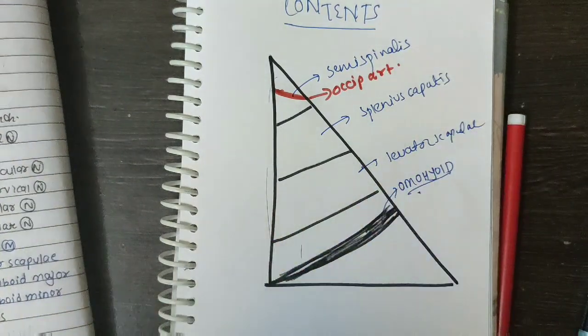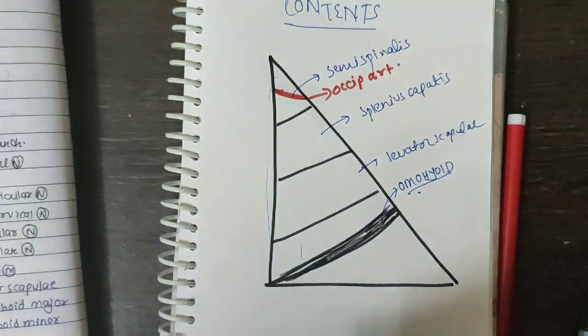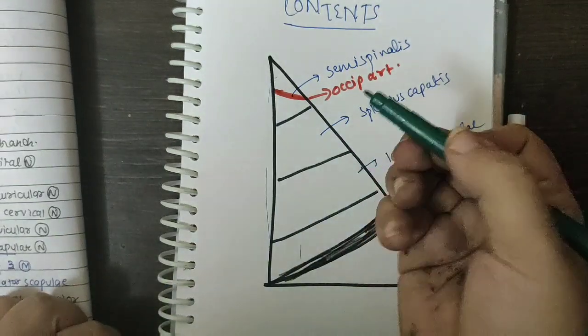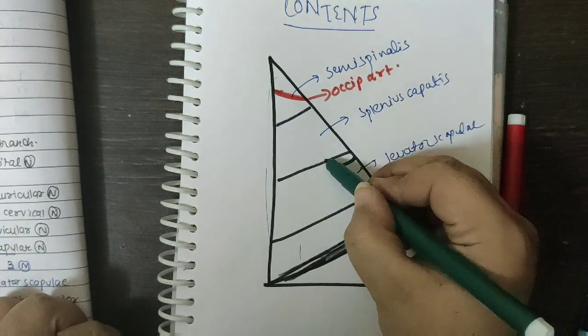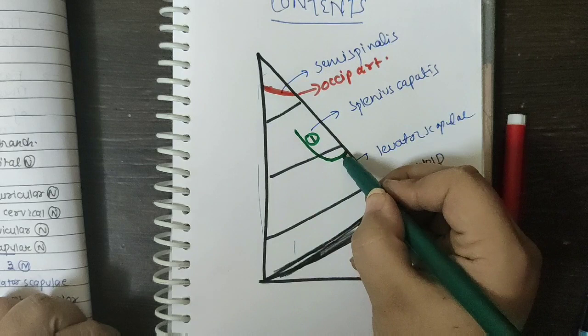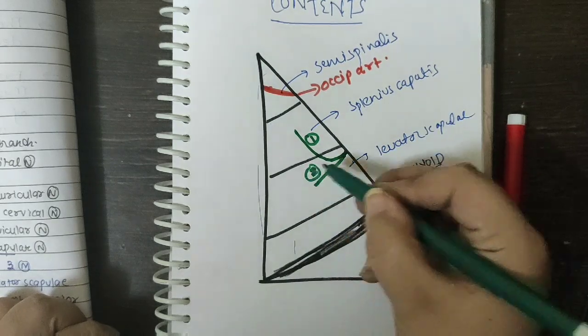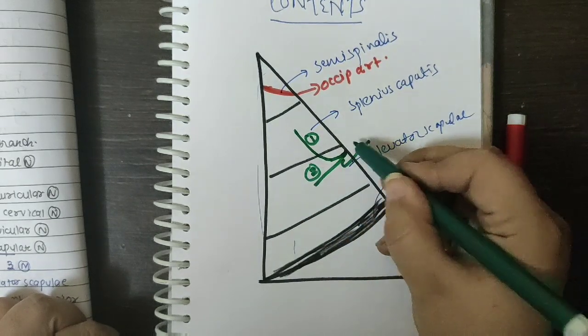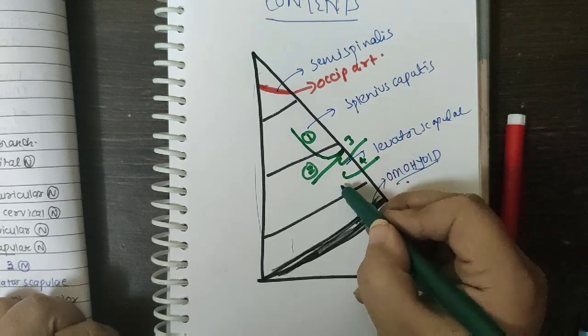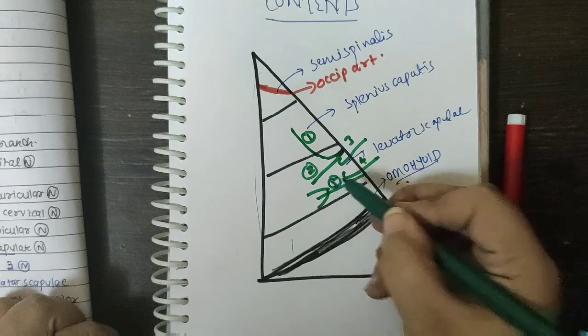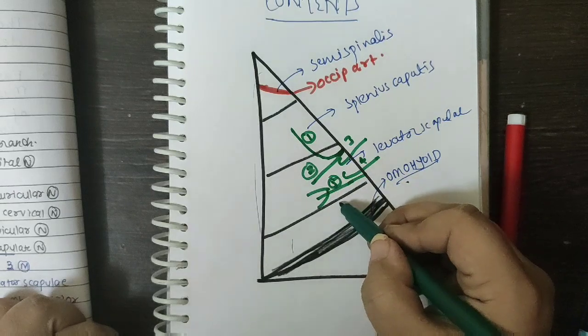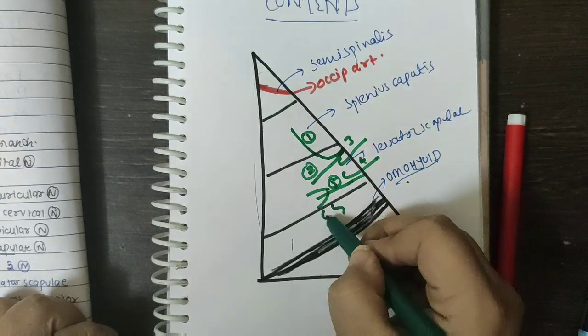Now we have 6 nerves. For convenience and visibility, I am drawing it with green, so don't get confused. These are not the ligaments but the nerves. Number 1, number 2, number 3, number 4, number 5 and number 6.